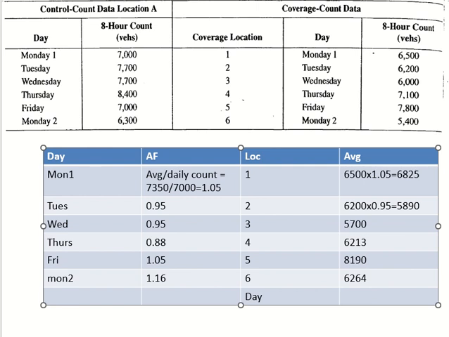Anybody else? Number 4. The count is 7100. The factor is 0.88. 62148. Any question? Is it clear? Okay, moving on.